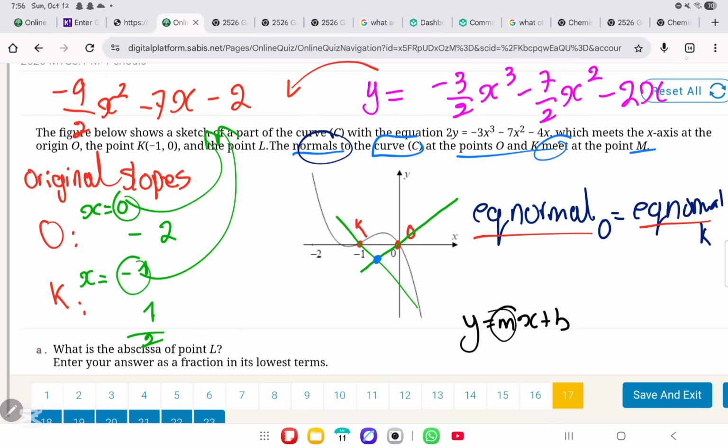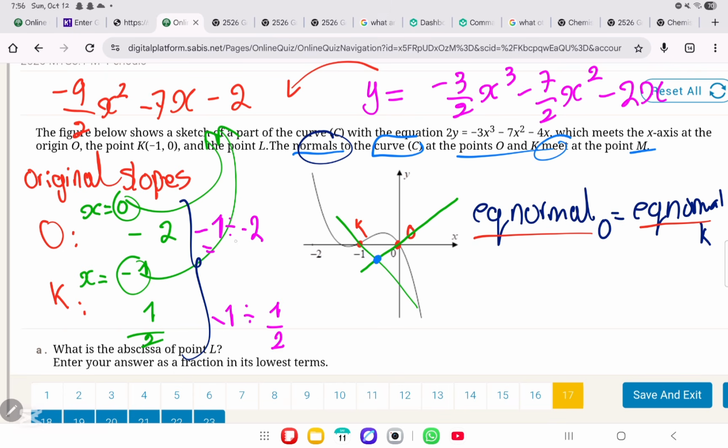Now, are these the slopes we will be working with? No, they won't be. The slopes we will be working with are normal slopes. So what does it mean, normal slopes? It means you need to take the opposite and reciprocal. That means you're going to do minus 1 divided by minus 2 and minus 1 divided by half. Put it on the calculator.